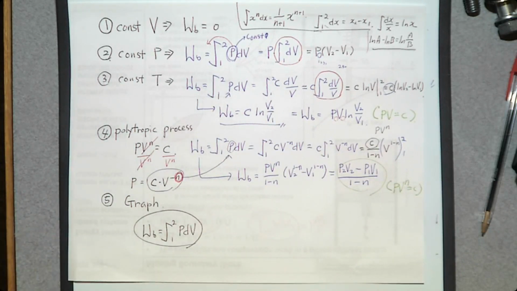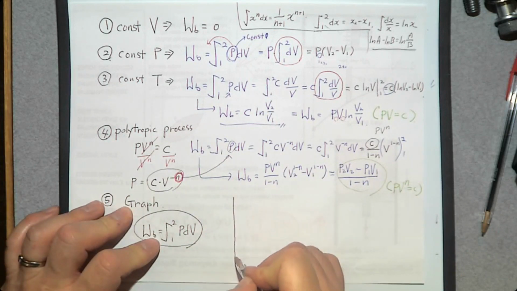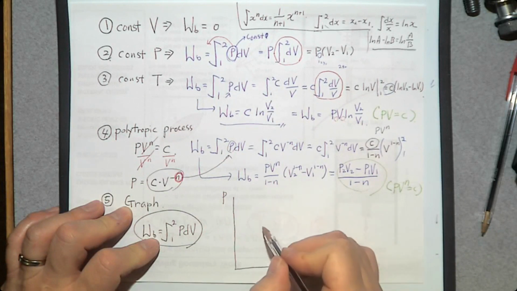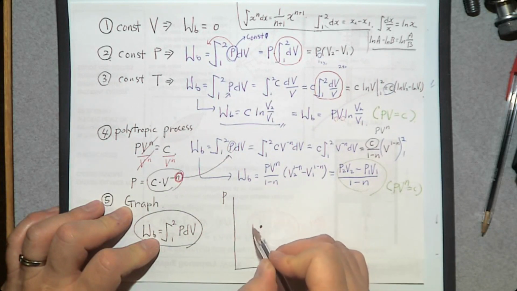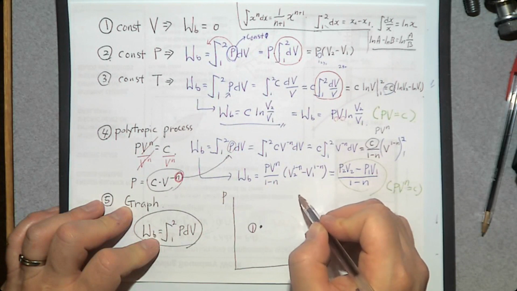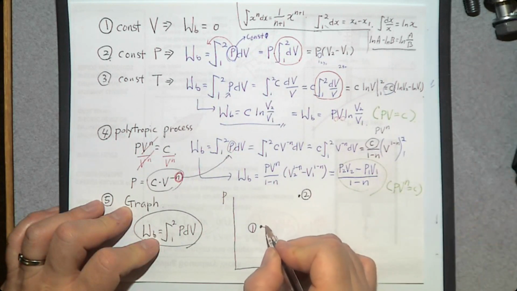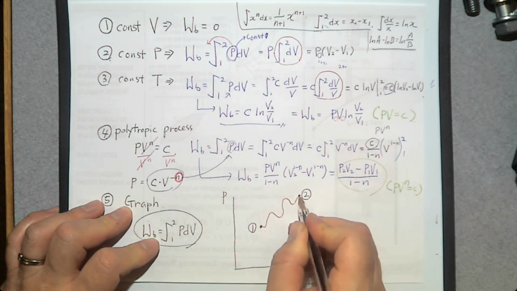If you make a pressure-volume diagram, PV diagram, if there's an initial state number 1 and a final state number 2, I don't know how they are connected, maybe like that.